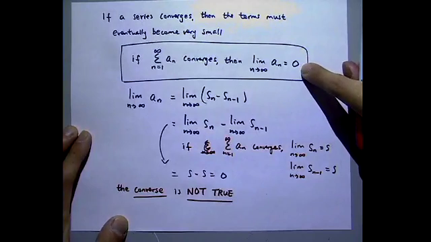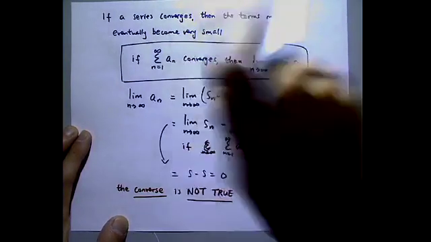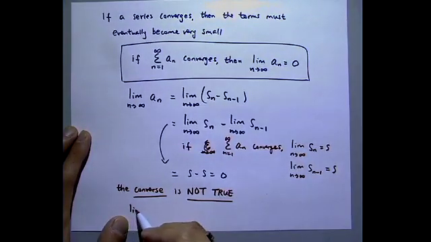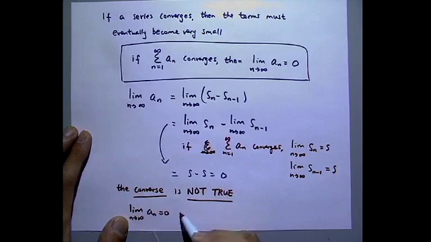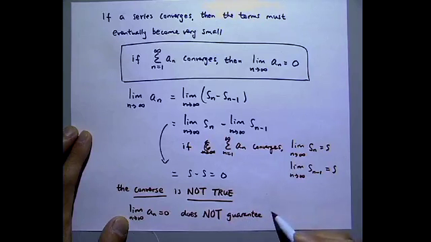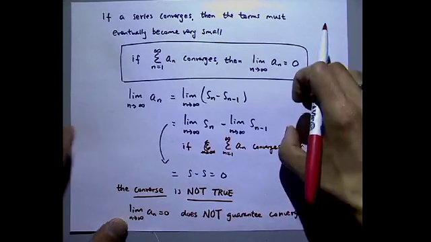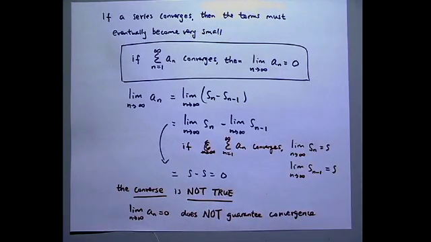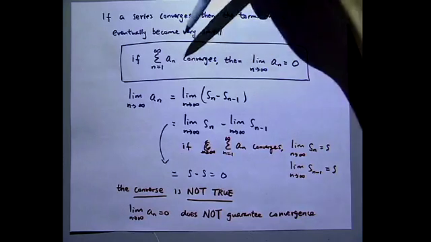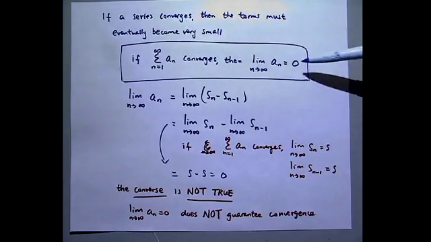If the terms approach 0, it does not mean the series converges. It does not guarantee convergence. All right, so be very, very careful with this result. If it converges, the terms eventually approach 0. But the reverse is entirely not true.